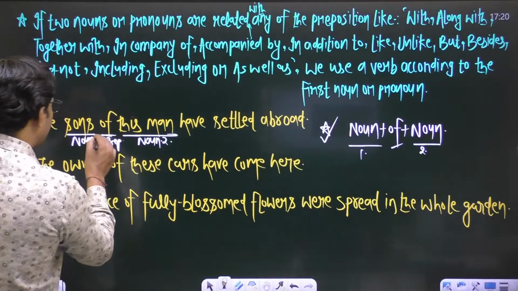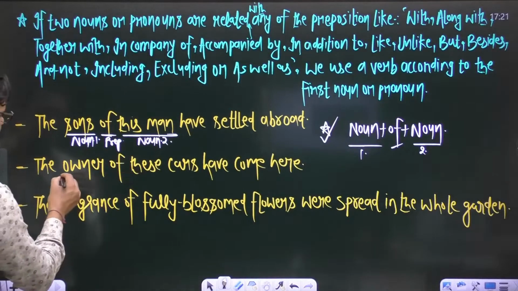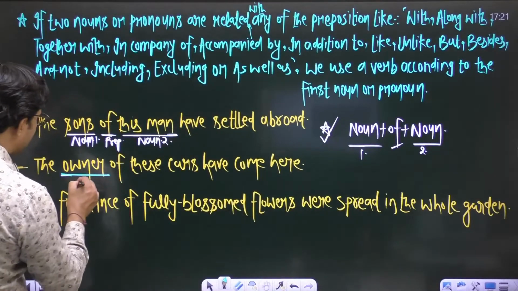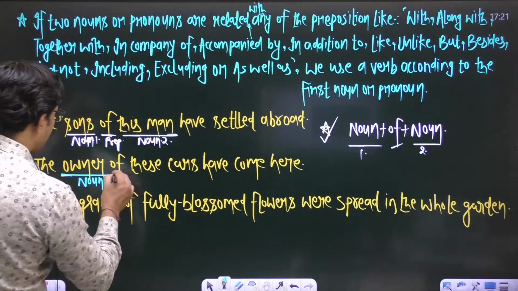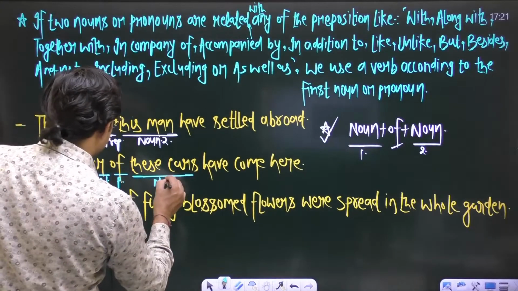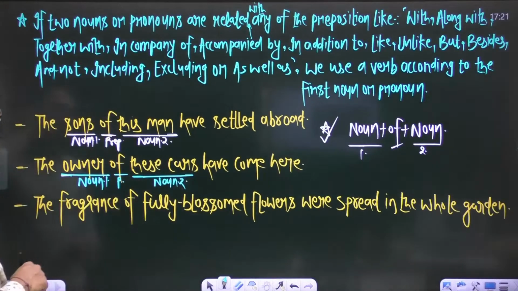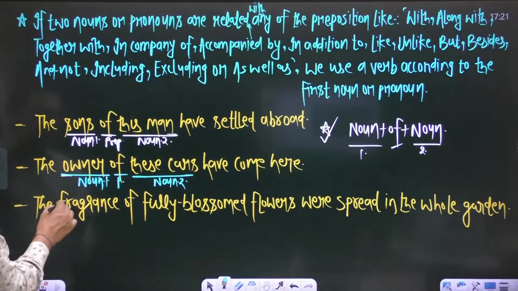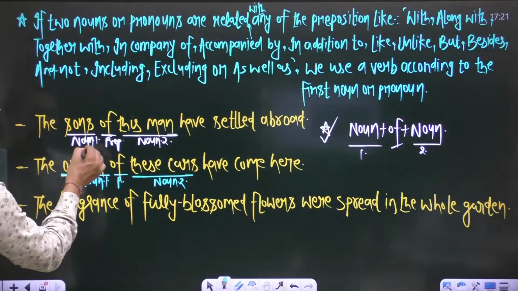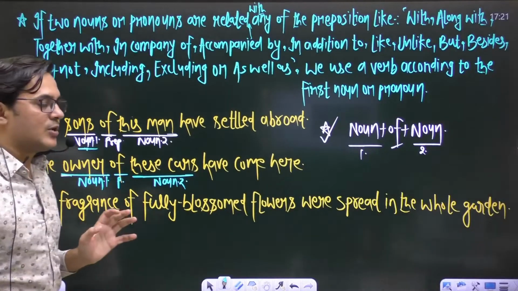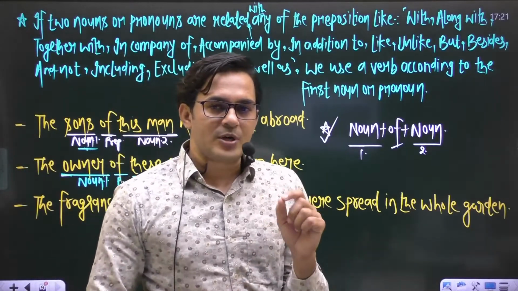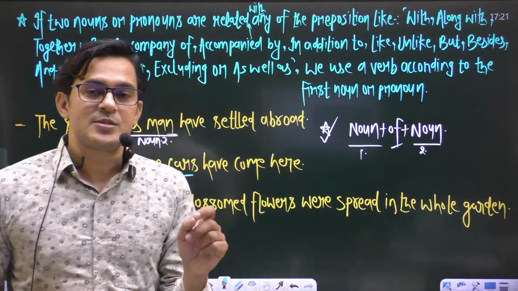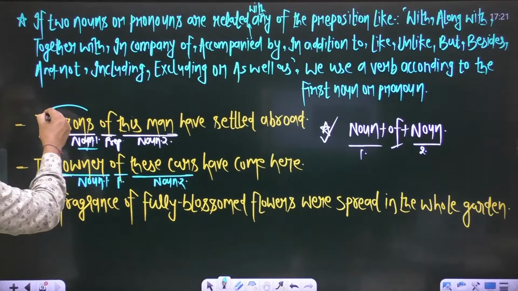We are getting noun of noun construction. Again, in the second sentence, the word owner is the first noun, of is a preposition, and these cars is also a noun, the second noun. So again you are getting noun of noun construction. Whenever you find this construction, our entire focus is on the first noun. In noun plus of plus noun construction, our main focus is on the first noun, and to make this first noun definite, we use the article the before the first noun.